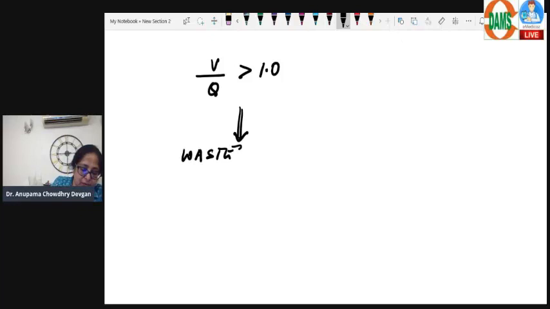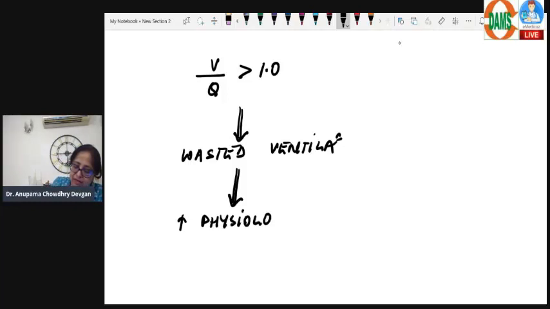I've already discussed it with you. If there is a wasted ventilation, that means there is an increase in the physiologic dead space.